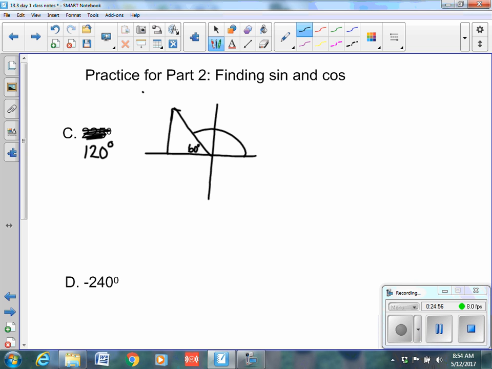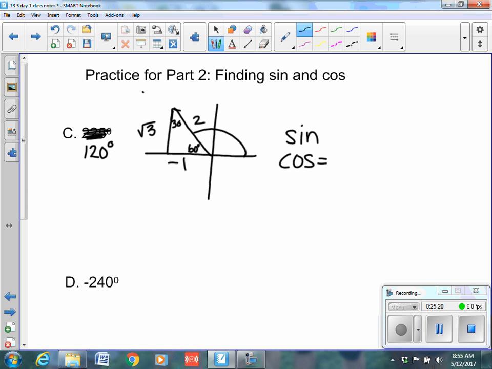Most people know that it's 60 if you went 120, right? Opposite of 60 is a square root of 3. Opposite of 30 is going to be a negative 1 because you went to the left and up. Everybody see why they're negative and positive? And opposite of this is a 2. And then all you do is find sine and cosine.